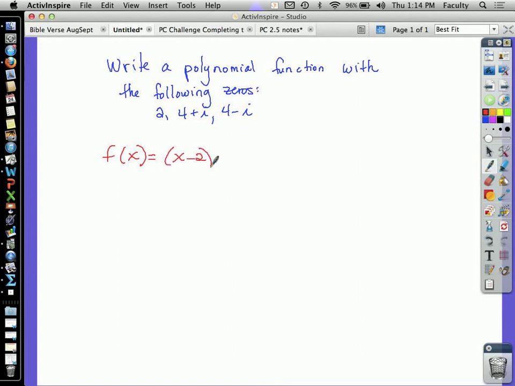Now, if 2 is a 0, we know x minus the 0 is a factor. Remember our factor theorem? Now, here's where the problem comes in. If 4 plus i is a 0, it's x minus the 0. That 0 is a sum, so we're going to have to subtract the sum. And then we're going to get x minus the 4 minus i.